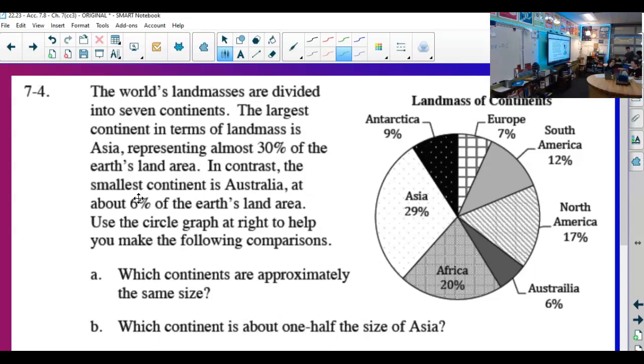North America. Well, half of 29 is 14.5. And South America is about 1/2 the size of Asia. Asia is about 30. They're both right in the middle.